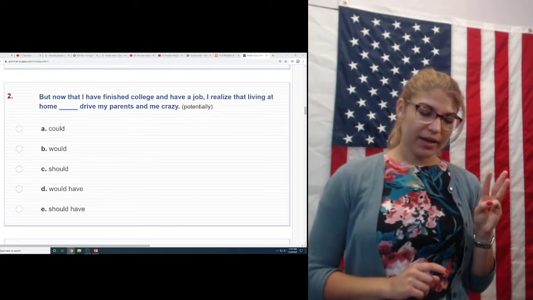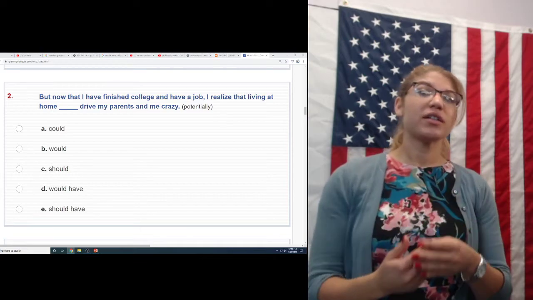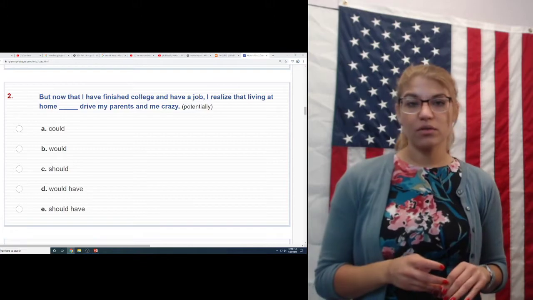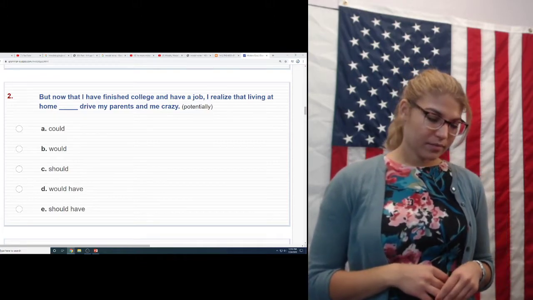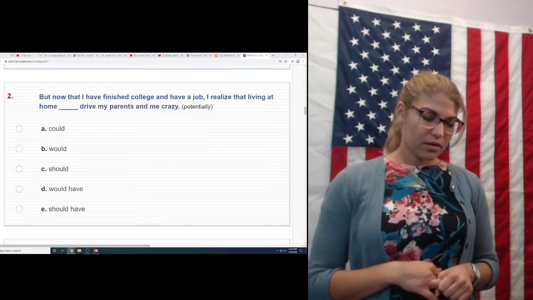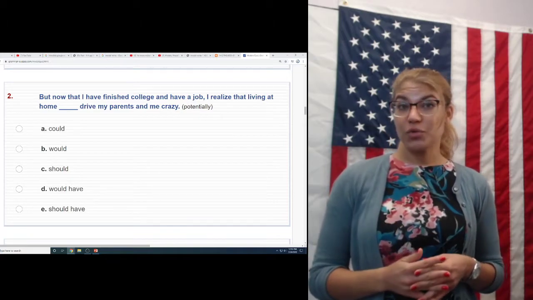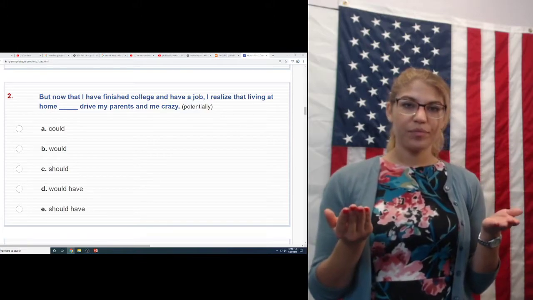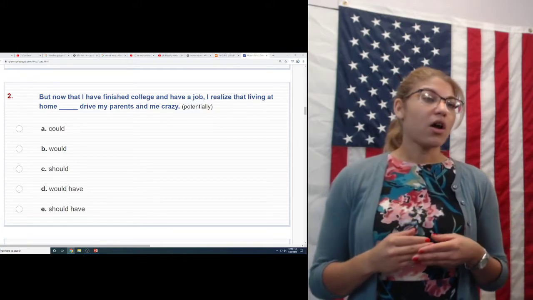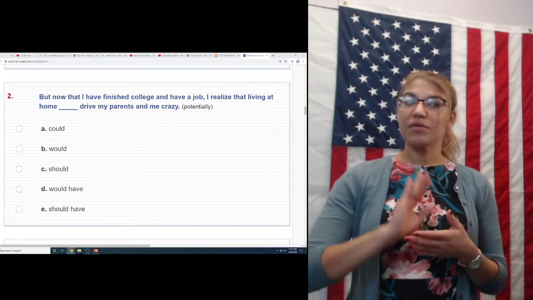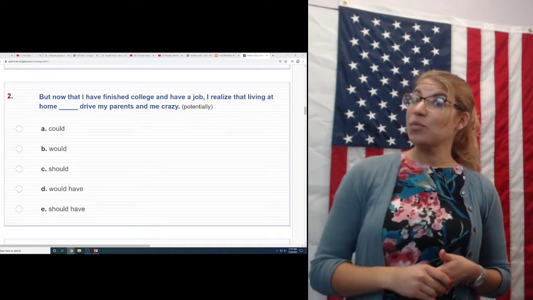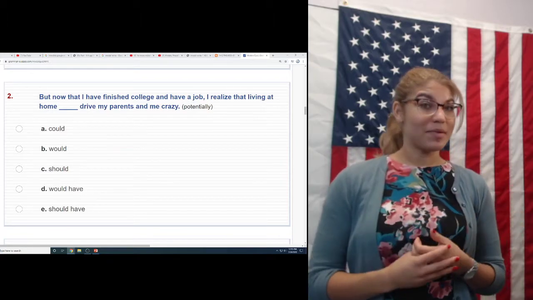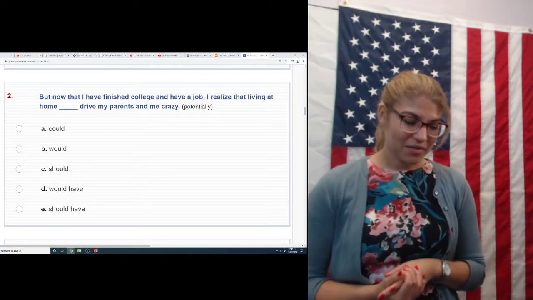And should, again, is something that is like counsel or advice. So we must choose between the word could and the word would. Could talks about a possibility of the future, and would does too. But would talks about the probability of the future.